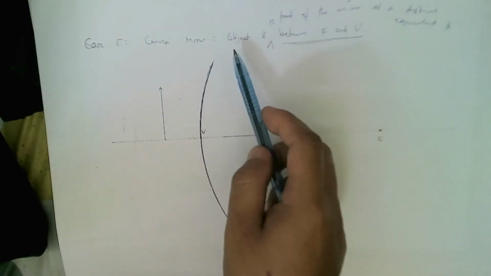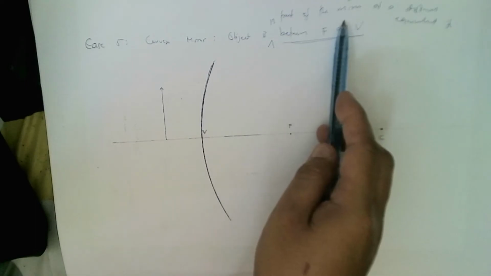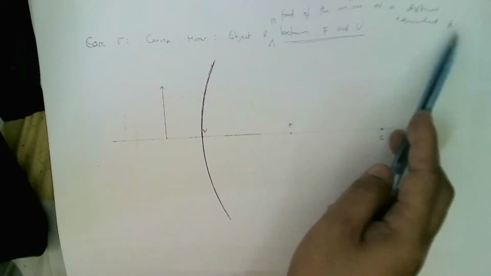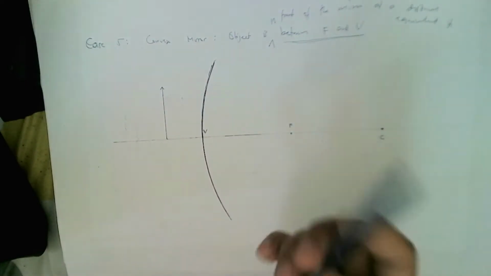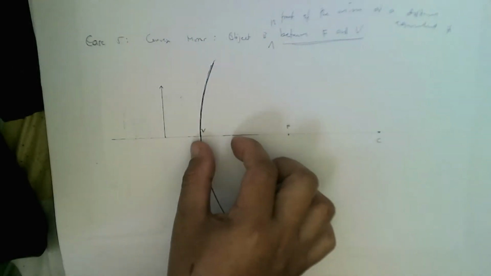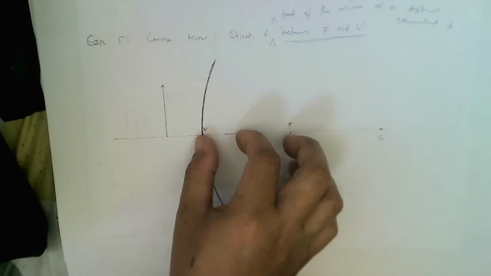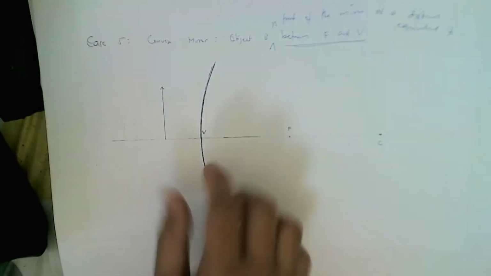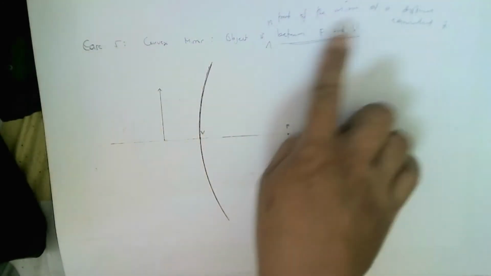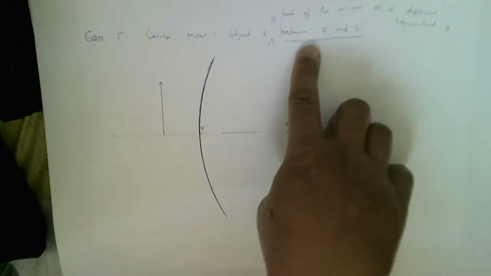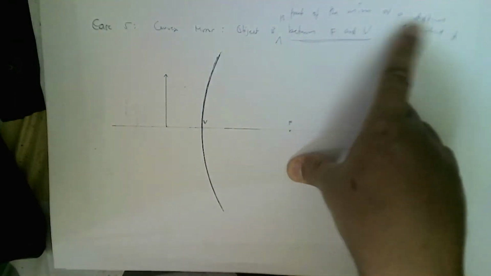So technically the object is in front of the mirror at a distance that is equivalent to between F and V. Because this distance, which is 1 cm, this falls between F and V if it was inside. But again, we can't do that, so we have to place it outside. So we can say this distance is equivalent to between F and V. I'm not saying it's between F and V. It's equivalent to between F and V.